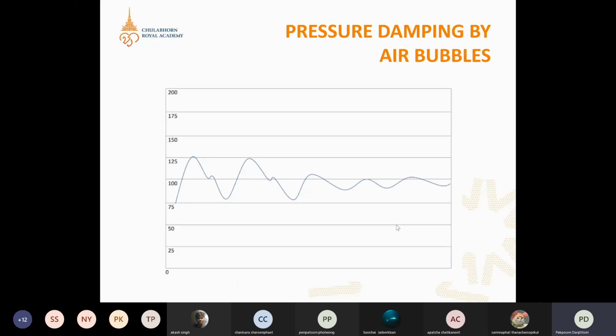Okay, the last one, the pressure damping by air bubbles, can appear like this. The air bubble may obstruct the pressure inside the pressure transducer or along the way from the manifold that connects the pressure tubing to the pressure transducer. If there are air bubbles inside that tubing, it may cause the pressure waveform like this.